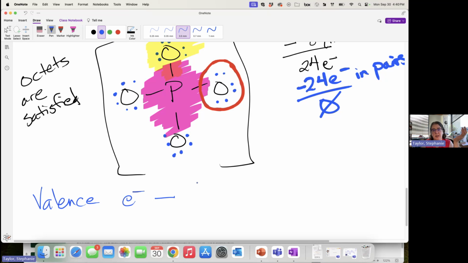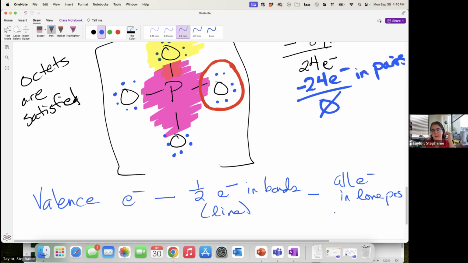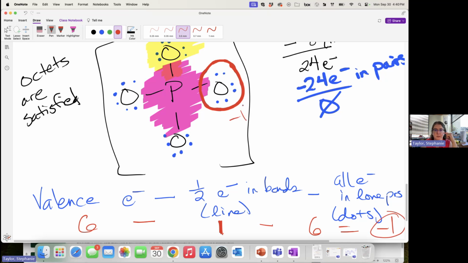Then I'm going to subtract half of the electrons in bonds, which will just be the lines, minus all electrons in lone pairs, which are dots. So for this oxygen, that is 6 electrons minus 1 for the line, minus 1, 2, 3, 4, 5, 6.